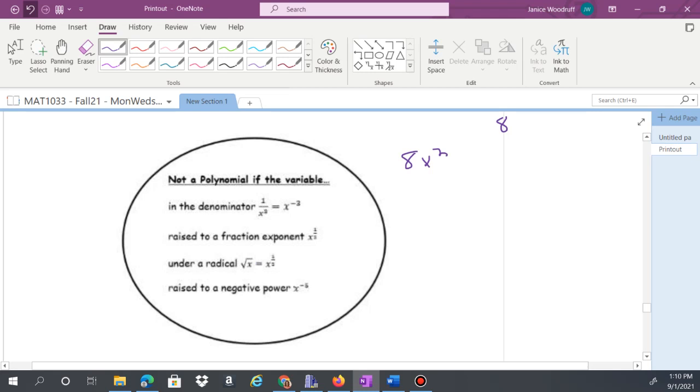Okay, and then a negative power is not a polynomial. So no variables in the denominator, no negative exponents, no fraction exponents, no variables under a radical. Those are your rules for not a polynomial. Everything else is fine. So if you have like 8xy cubed, that's a polynomial. Any power, as long as that power is not negative or a fraction.